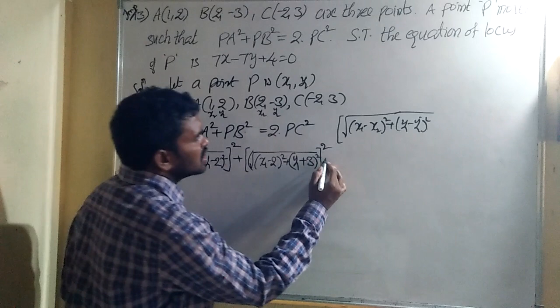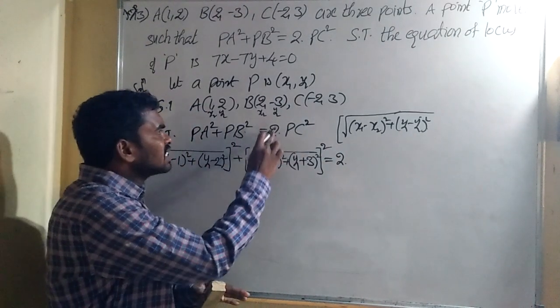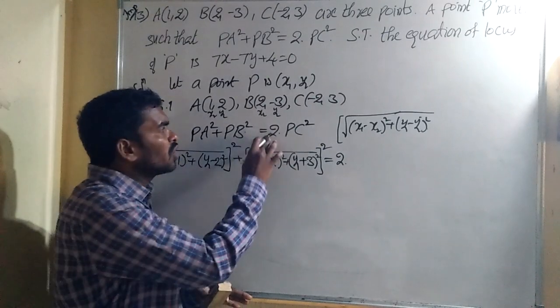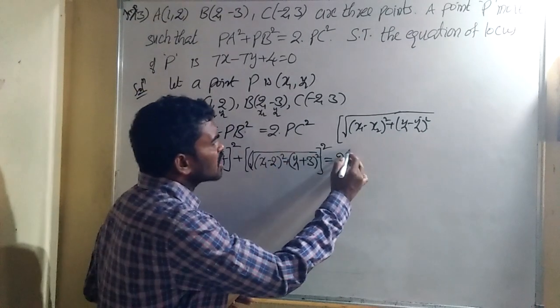Then is equal to 2 into, see here, observe, 2 doesn't have a square, so you just write 2 as it is, and after that start a bracket.